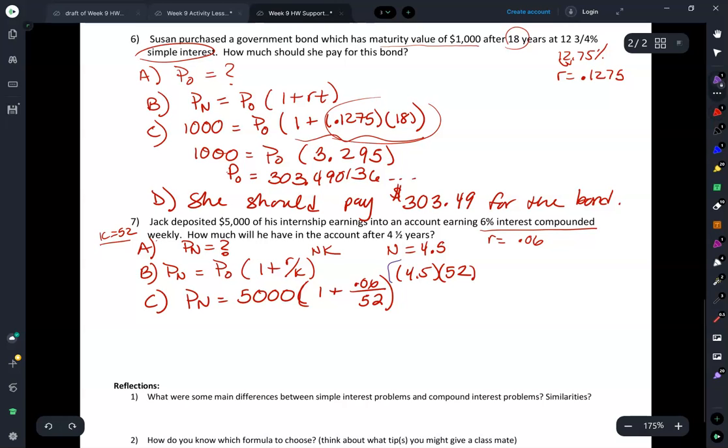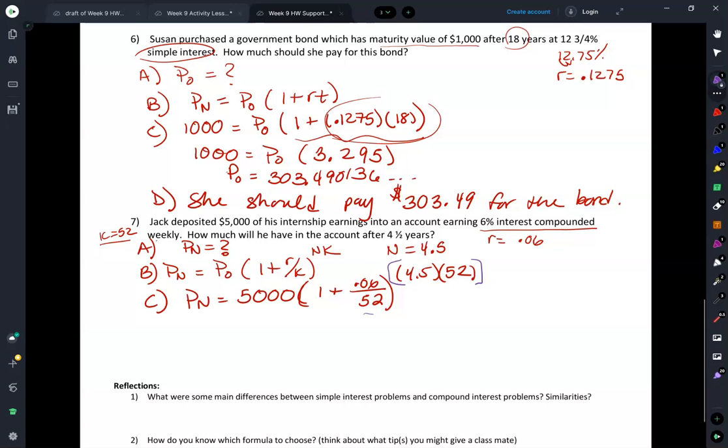And when you type this in, you're going to want to use parentheses carefully there. Okay, so I'm going to start with this. You could do 1 plus parentheses 0.06 divided by 52, or use your fraction key. Or you can just type in 0.06 divided by 52 and then hit enter.